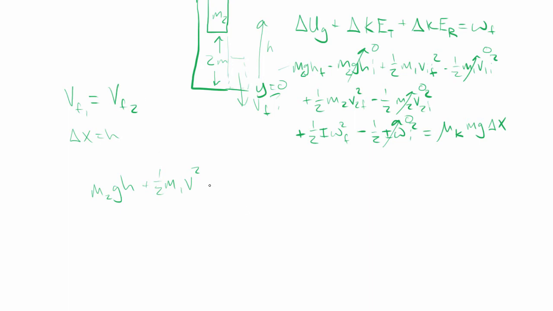Plus 1/2 m2 v squared plus 1/2 I omega squared is equal to mu sub k mass 1 times g times h. All right, that's what I'm left with.